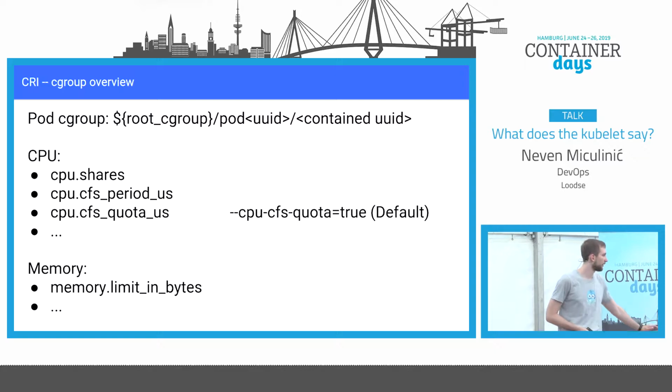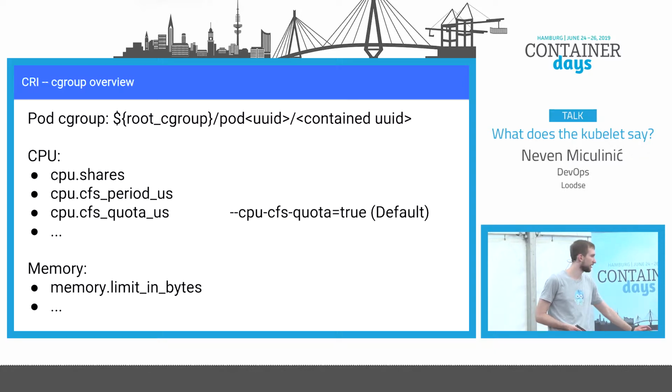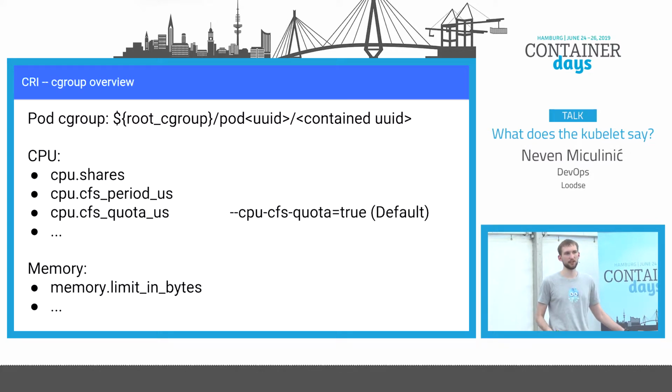For the CPU, for the request part, this CPU share is important. And if you enable the CFS quota in kubelet, the kubelet will also enforce the CPU limits by using CFS period microseconds and quota microseconds. For memory, only the limit is enforced, while the memory requests are only used during scheduling as a hint to kubelet how much you can overcommit each node.